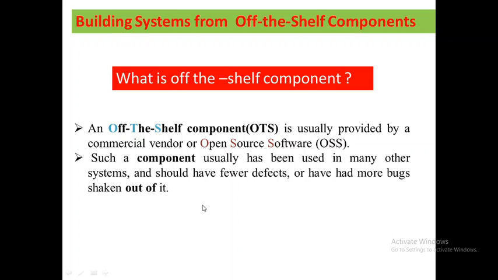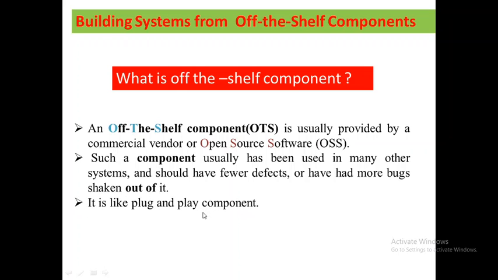The TVS company or MRF tire company produces a bike tire, and that tire can be used by TVS, Honda, or Bajaj, whatever it may be. That means they develop components with general requirements, and these components can be used by any other system. You can call them off-the-shelf components.